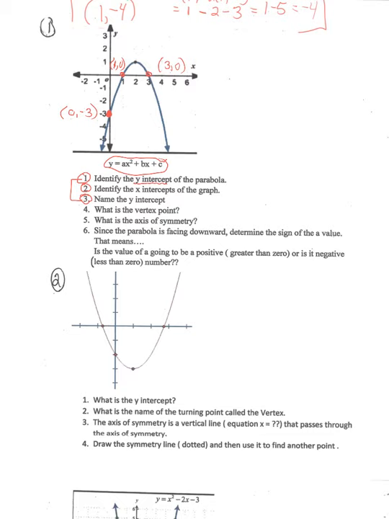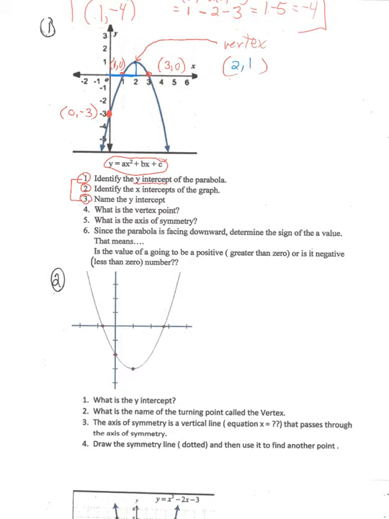What is the vertex? The vertex is the turning point. So unlike the last question on the page where we calculated it, we're just going to try to identify it. We look at our xy axis and see how many units to the left and to the right. It looks like I have to go over 2 units on the x and 1 on the y.